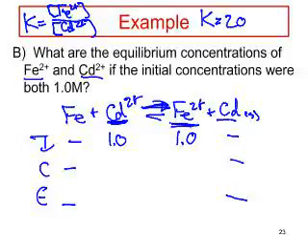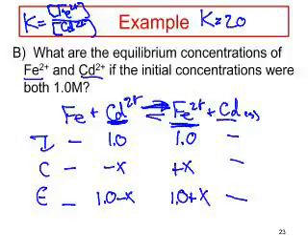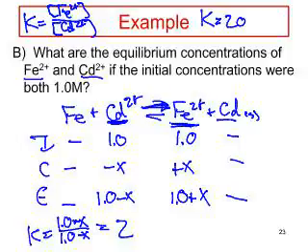Because cadmium gets used up, the change is minus x. And the change over here is going to similarly be plus x, and so at equilibrium we have 1.0 minus x, and here we have 1.0 plus x. If you plug these values into our equilibrium constant expression, K is going to be equal to the concentration of iron, which is 1.0 plus x, over 1.0 minus x, and this whole thing is going to be equal to the value, which is 20.